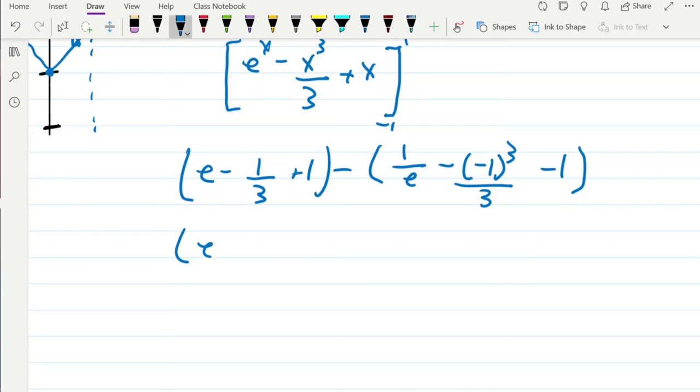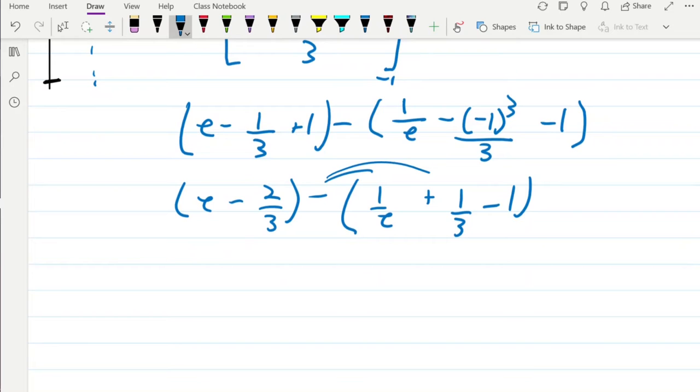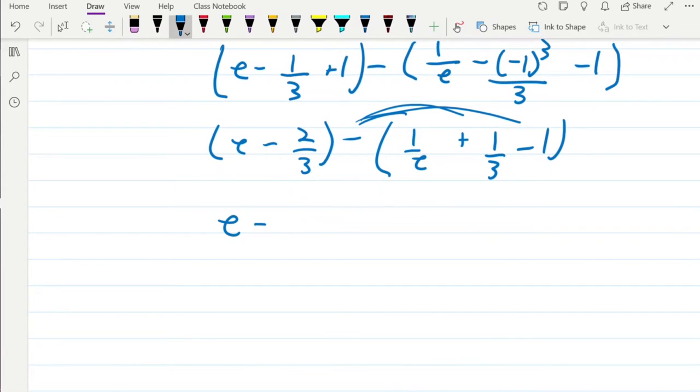Then we simplify: e minus 2/3 minus 1 over e plus 1/3 minus 1. We need to make sure to distribute. So our final answer should be e minus 1 over e.